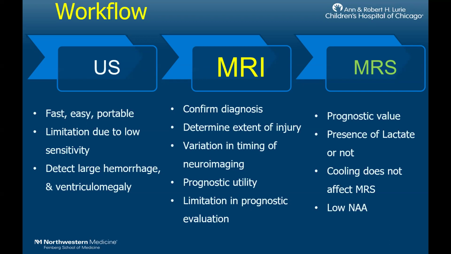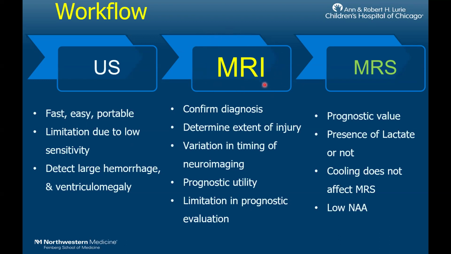But we must be aware that there are limitations to the ultrasounds due to its low sensitivity, especially of acute ischemia. But we can detect sort of large hemorrhages, ventriculomegaly, and other more significant findings, which I will show you on subsequent slides.